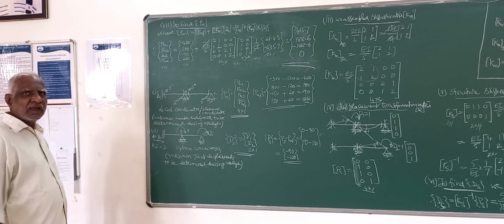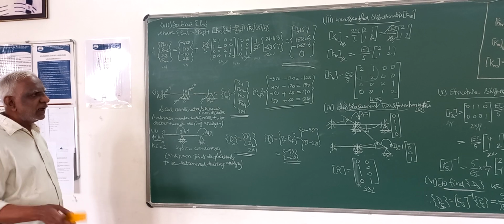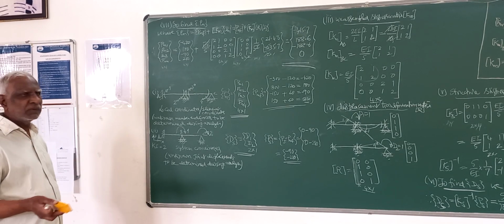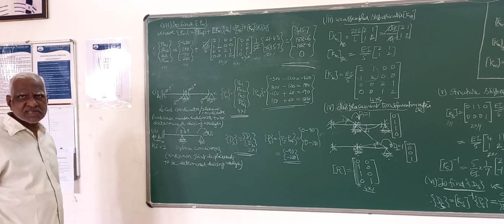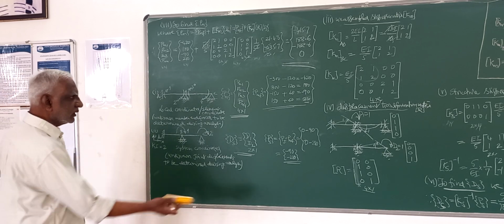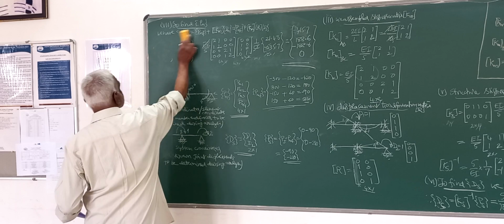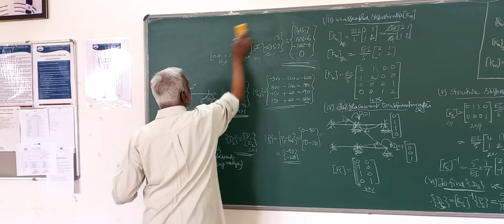And then one rigid plane frame problem I found. With that, this stiffness method of analysis also will be over. Now we will take up the truss problem straight away.